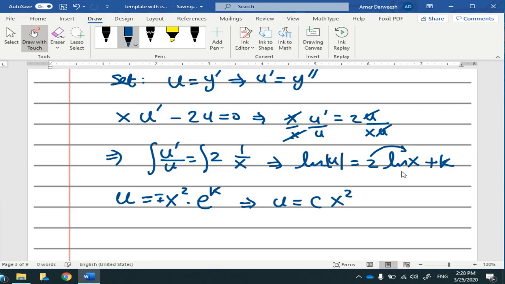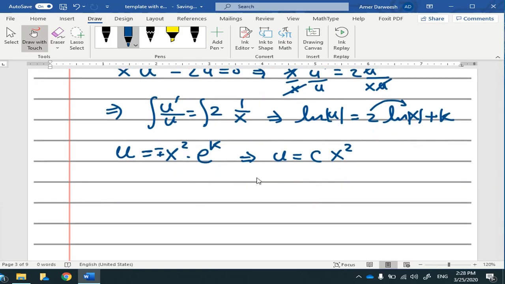You don't have to write the absolute value actually, because I can always drop it by taking a new constant. So now u is v prime, y prime, so y prime equals c times x squared. Integrate both sides, you get y equals c x cubed over 3 plus another constant, let's call it for example k.